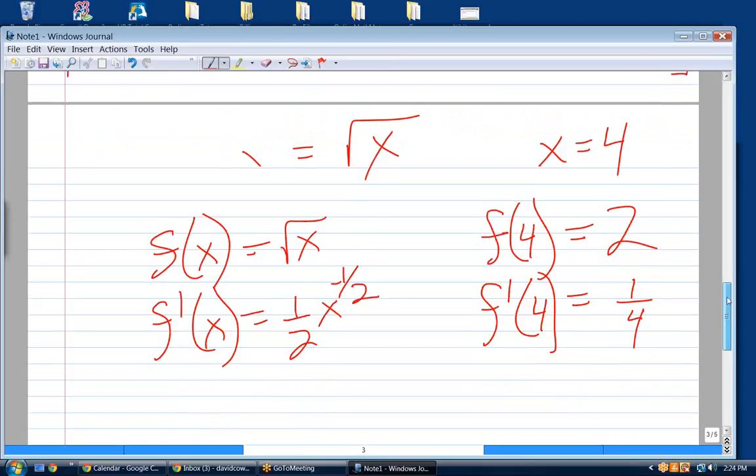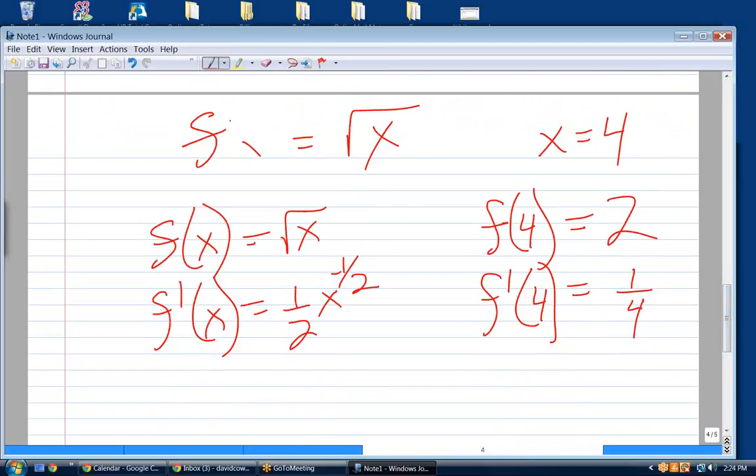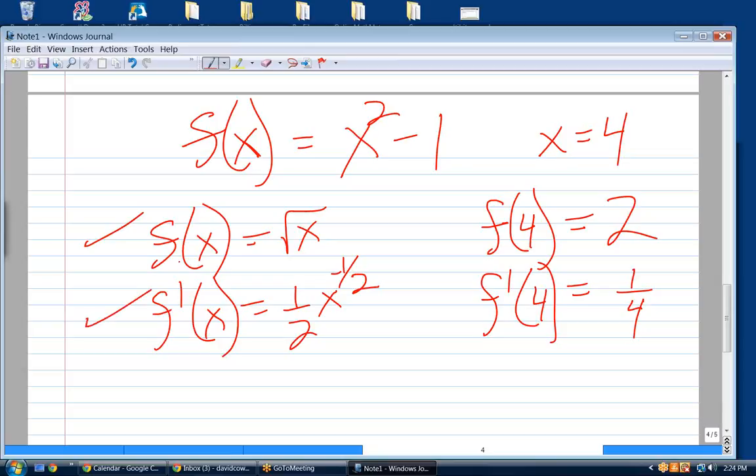So the secret to the linearization of a function, no matter what it is, if I said let's do this one, is you take the first derivative, so you end up with what the function is, what the first derivative is, and then you evaluate both of those at the number that it's centered at.